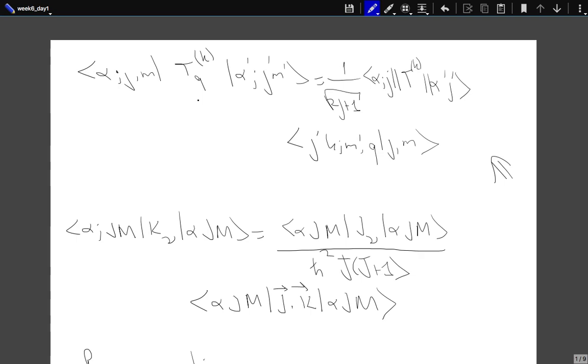The Wigner-Eckart theorem is basically the expression of that relation between the various components for states of definite J and M. The dependence on the component only arises from this Clebsch-Gordan coefficient. This is what is called the reduced matrix element.